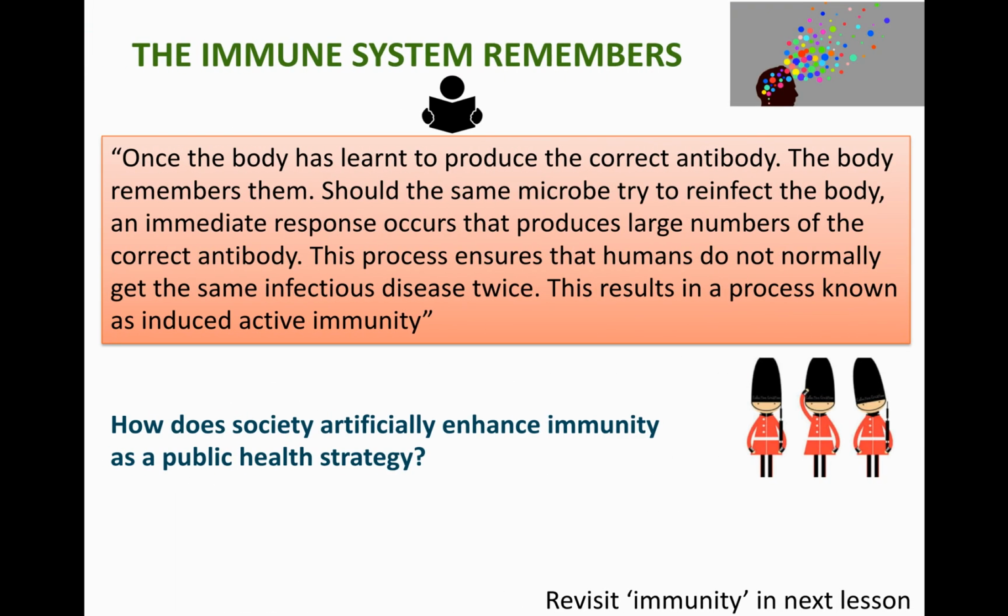Today our focus will be on the idea of immunity, and then on the different types of white blood cells involved in this immunity. In the next lesson, we'll be studying various forms of immunity, whether natural or artificial.